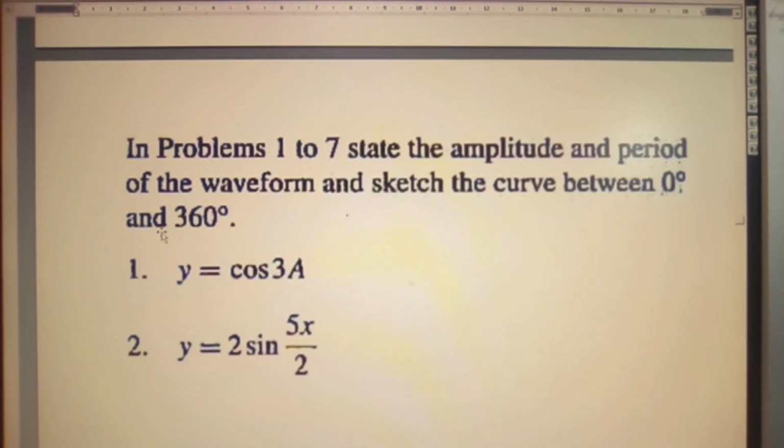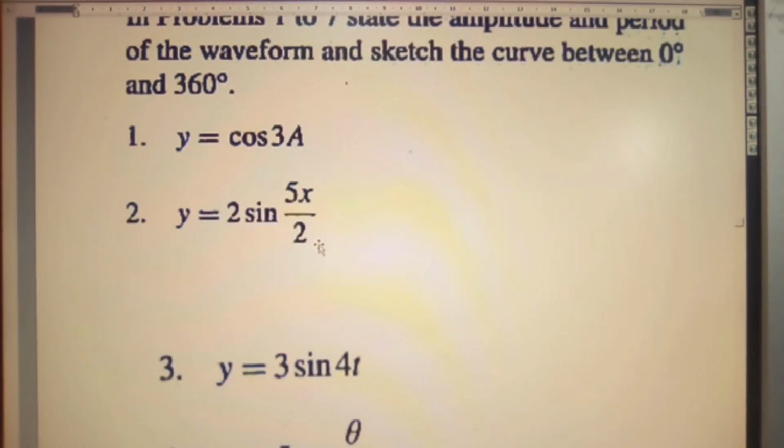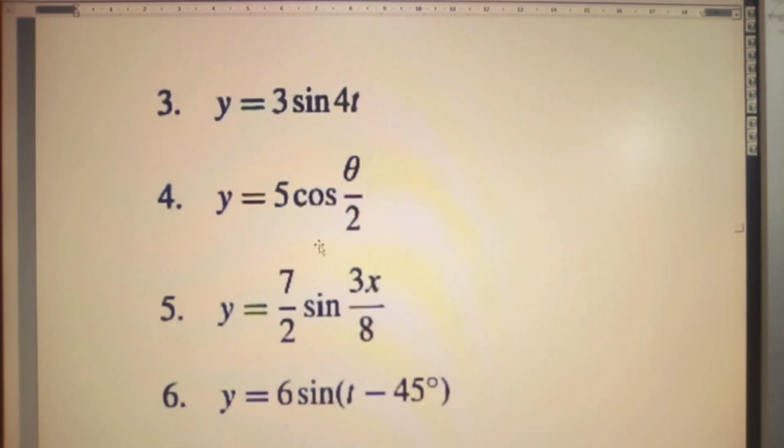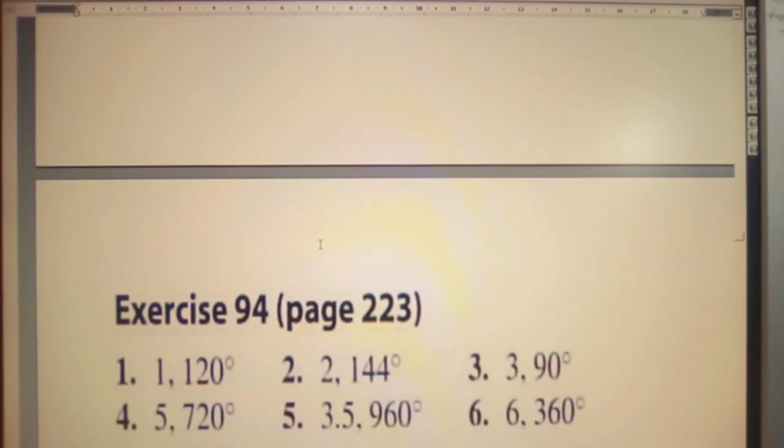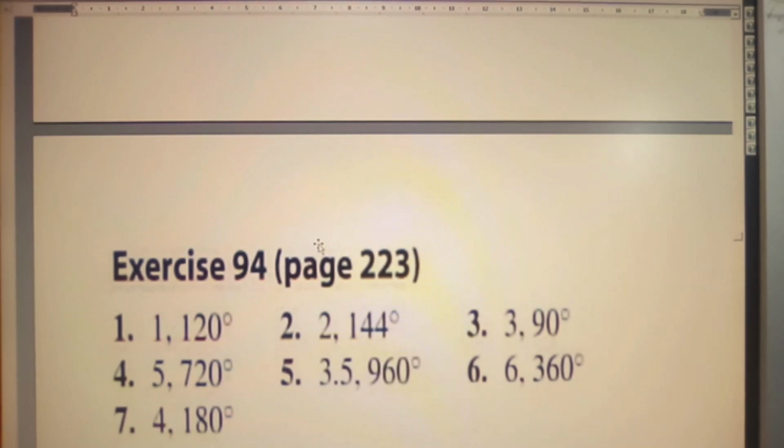Now here, this is just exercises for you to do, okay? Again, exercises relevant here.